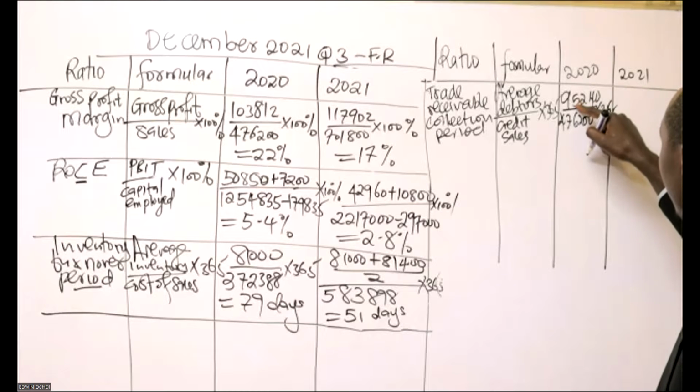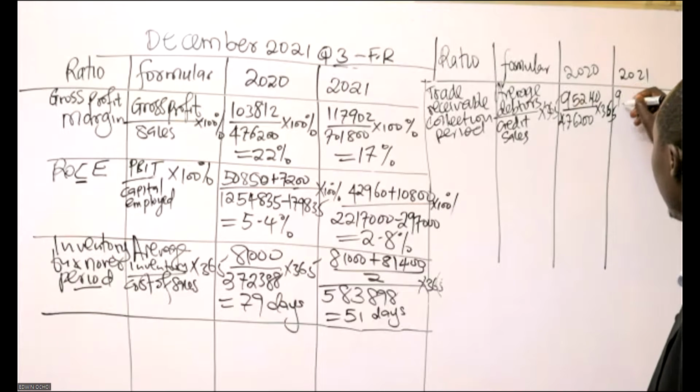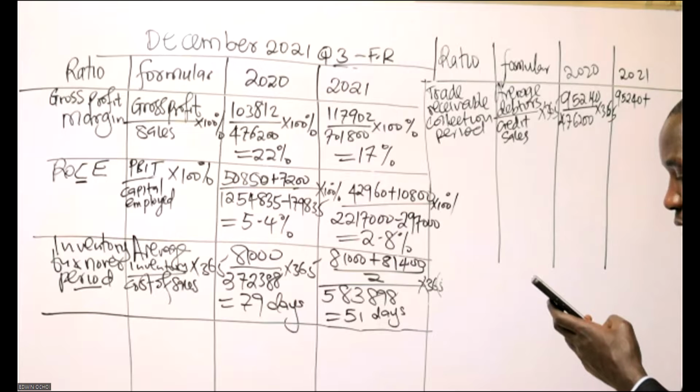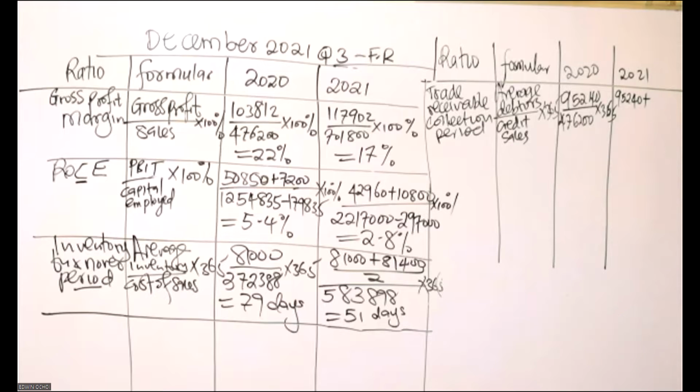Then for this one, we take 2020, 95,240, plus the data for 2021, 175,450. You divide by 2, over what?